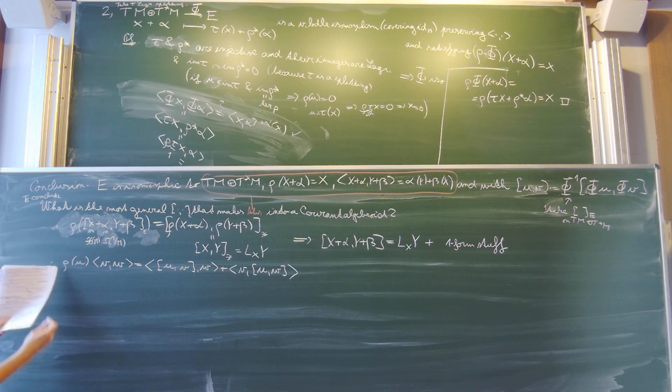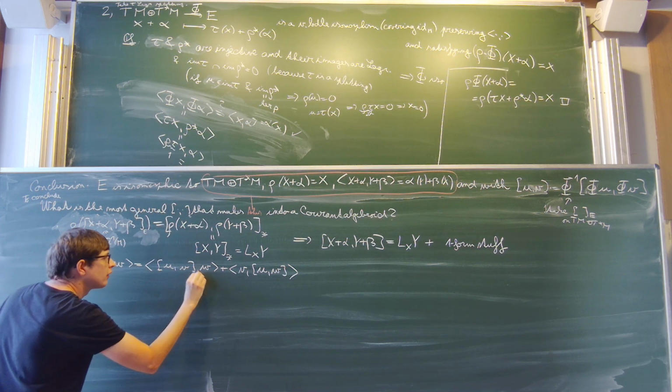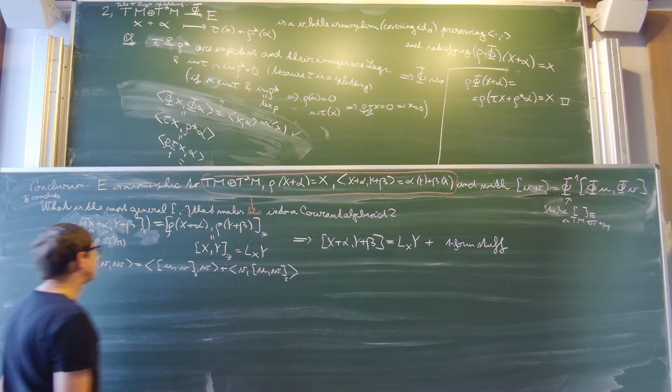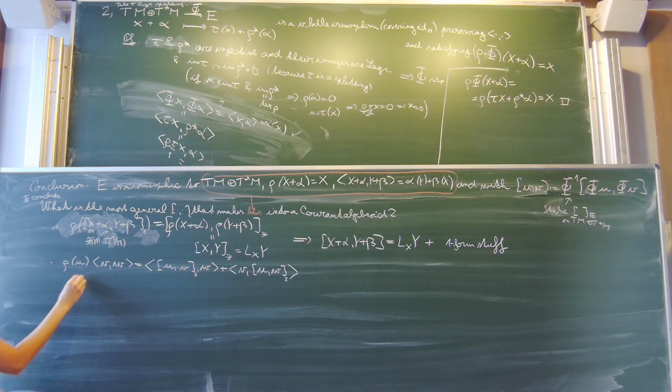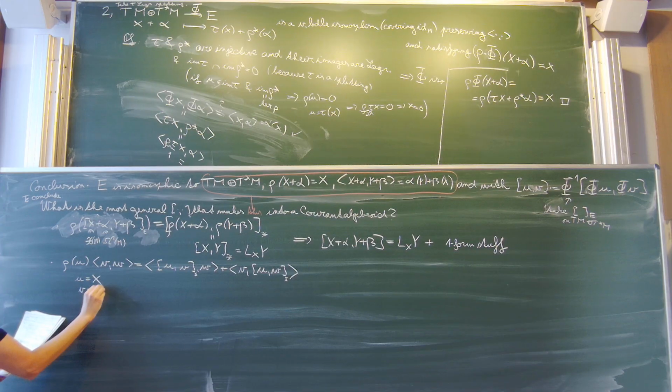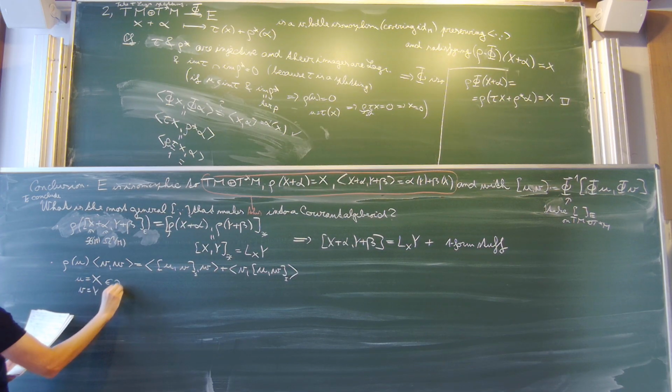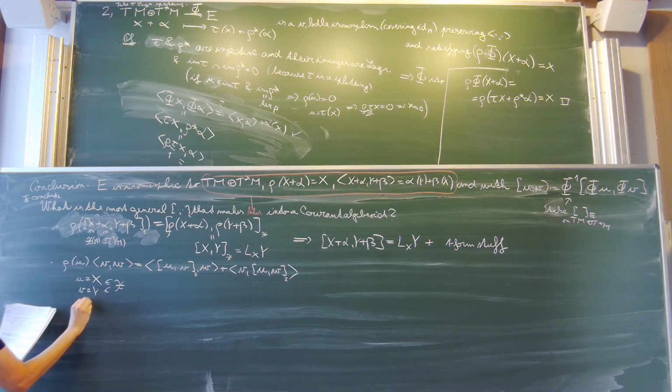We know all the ingredients except for the bracket. Put E there. So what does this give us? If I substitute, say, I take U to be a vector field, V to be a vector field, these two are vector fields, and I take the third to be a one form.